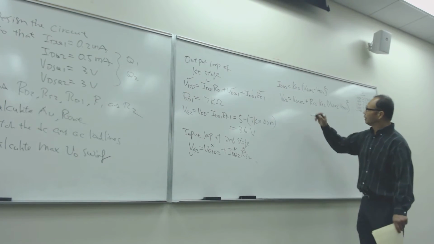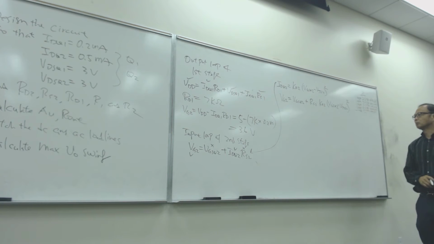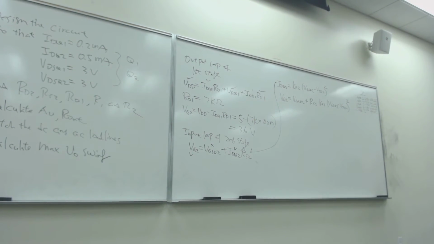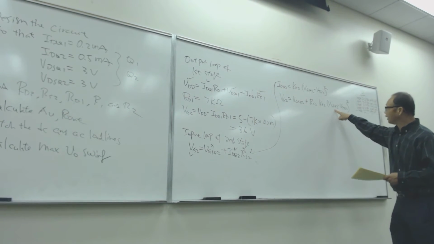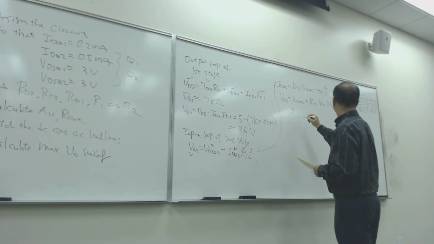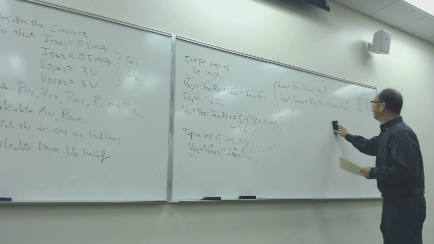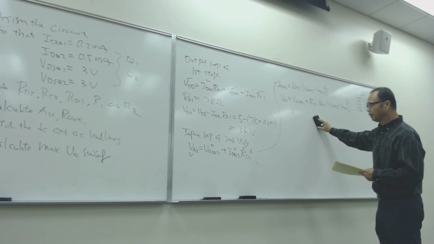So basically I put this equation here, right? Okay, so now you get a quadratic equation with VGSQ2 as unknown, yes? We still have two unknowns. We don't know RS2. Yeah, we have two unknowns still. Oh, yeah. What am I doing here? After IDQ1.